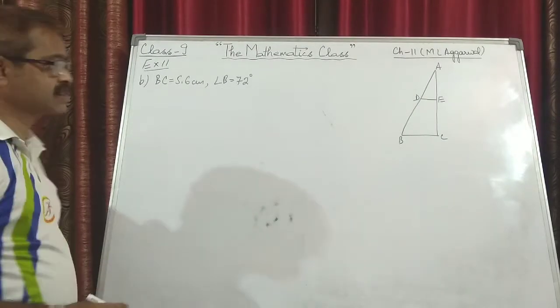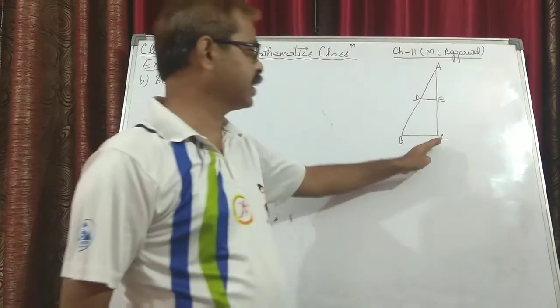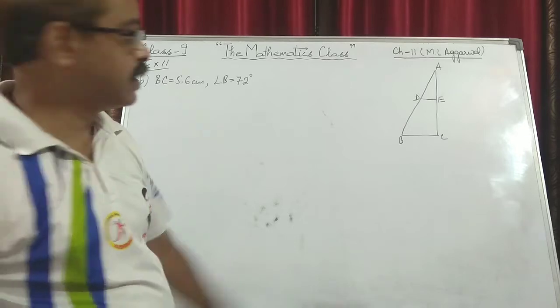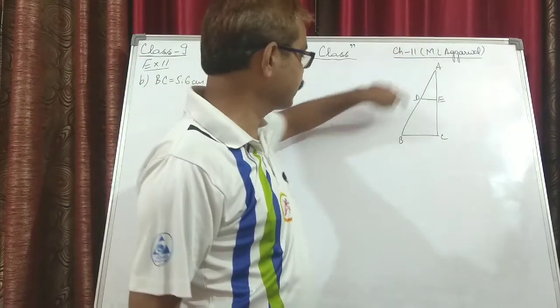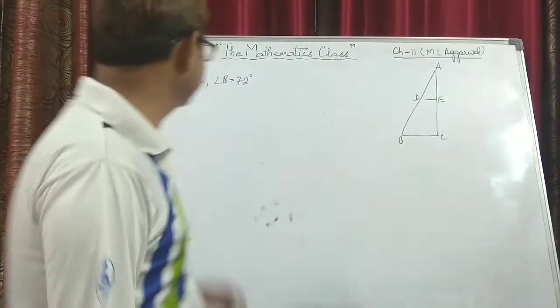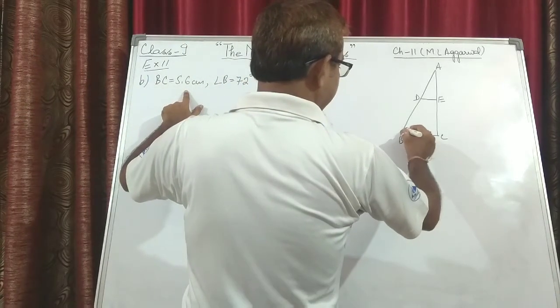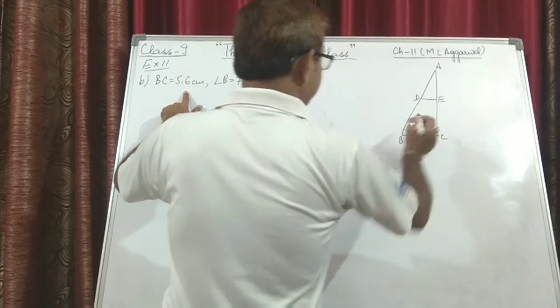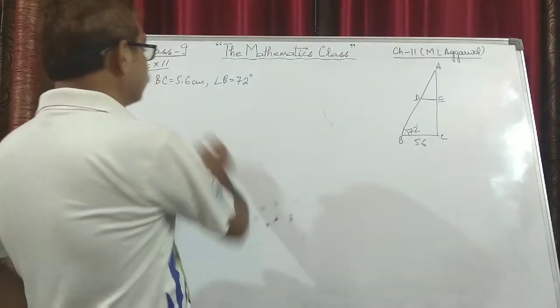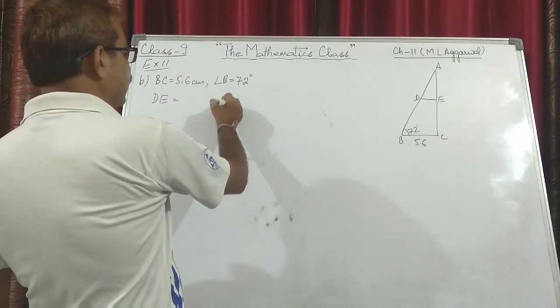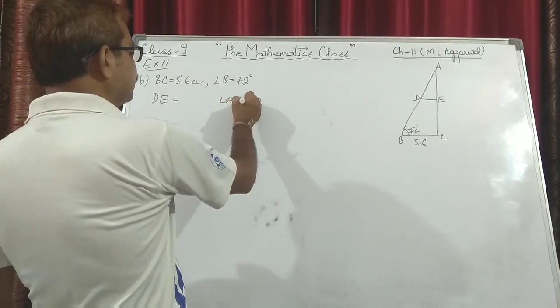In the B part, a figure is given. They are saying in the given figure D and E are the midpoints of AB and AC respectively. BC is 5.6 centimeters and angle B is 72. Find the value of DE. That is very easy, and also find the angle ADE.